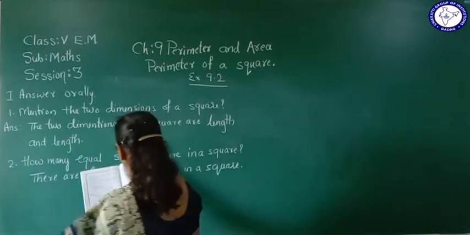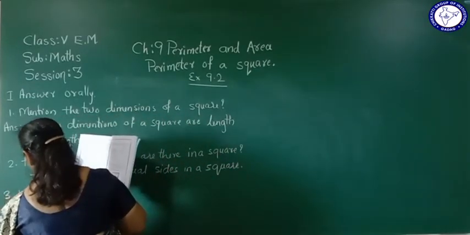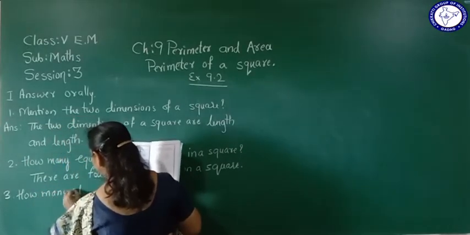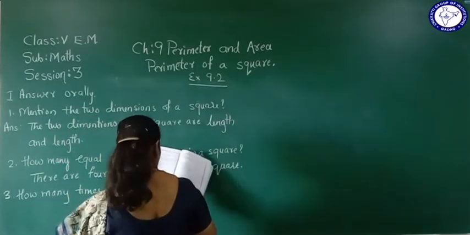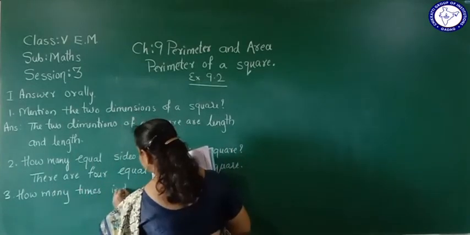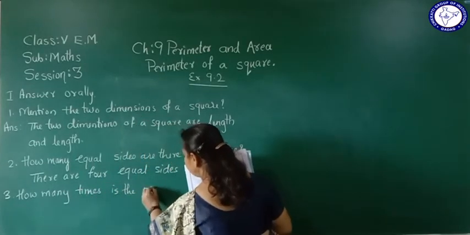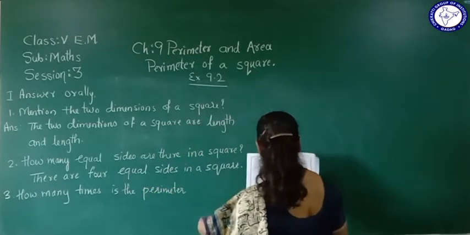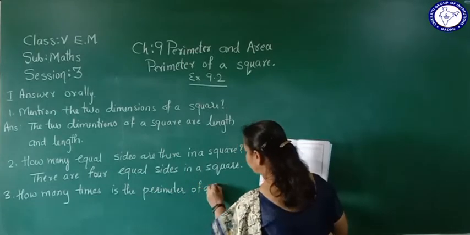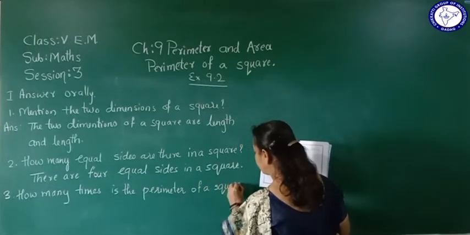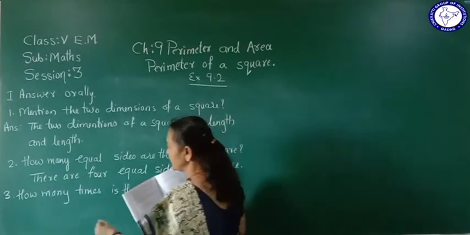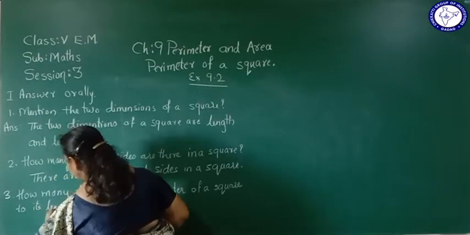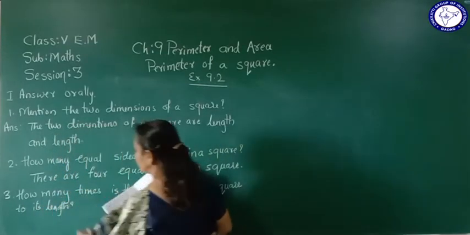Third question, how many times is the perimeter of a square to its length? So let me write the answer here.